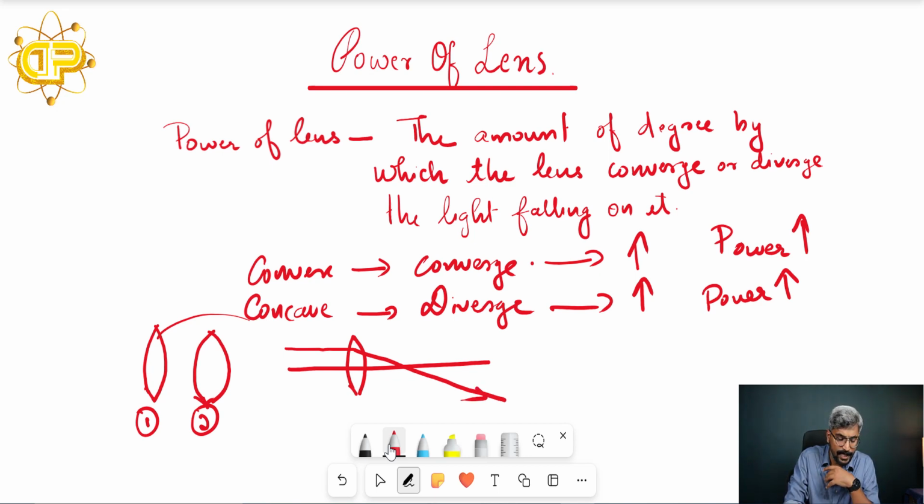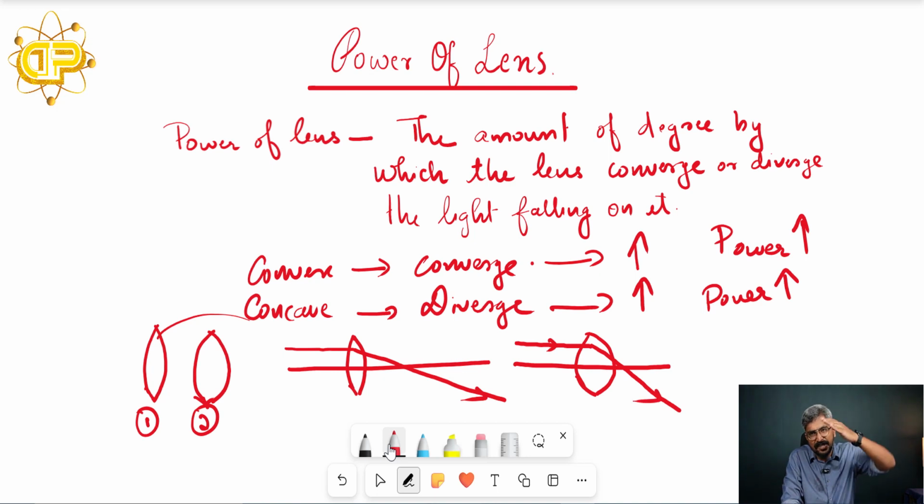And if I take the second lens, which is thicker, or we can say bulgier, then what will happen? If light is falling on it parallel to the principal axis, in both cases parallel to the principal axis, then you can see that the light will converge more than the first one. This is the first case and this one is the second case. So in these two cases, who is converging the light more? The second one is converging the light more. So whose power will be more? Obviously the second lens power will be greater than the first one.